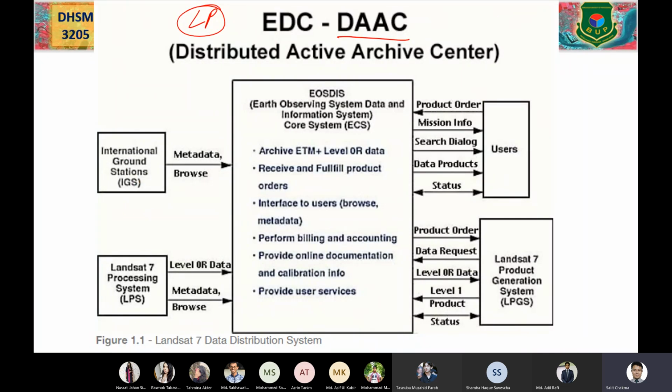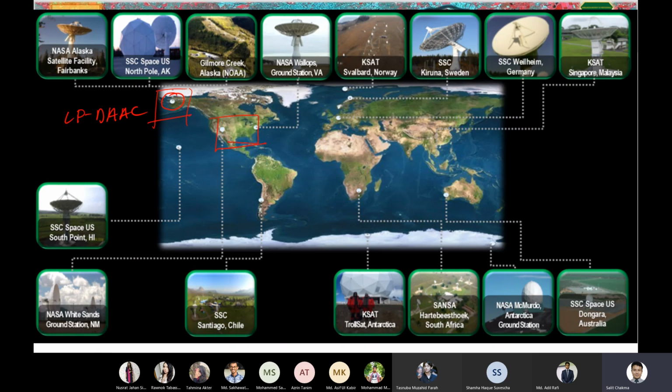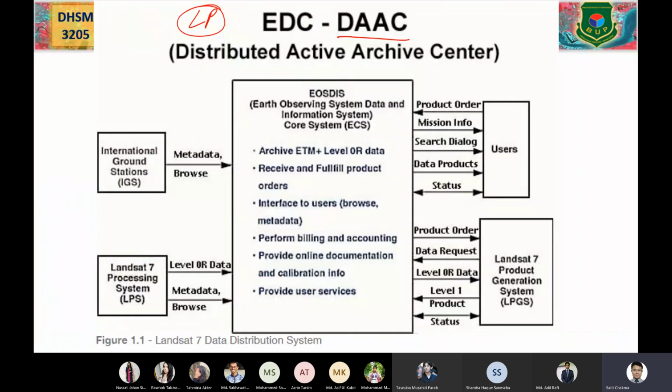Okay, so if we look into the Landsat data distribution system, then we can find the international ground stations. So what are these international ground stations? These international ground stations are where the ground stations are located, not in the USA, but in the rest of the world.